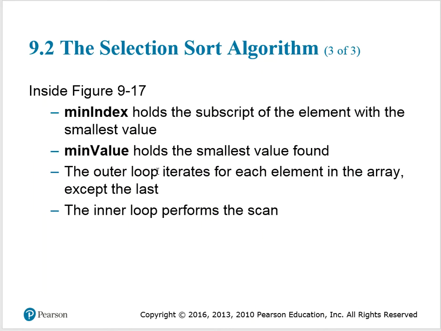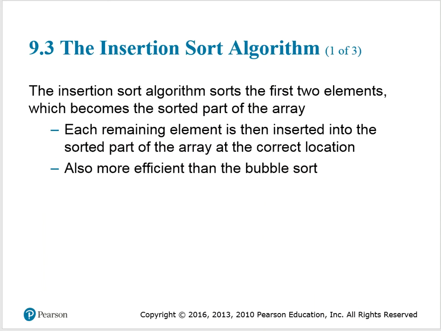The min index holds the subscript of the element with the smallest value, whereas in the previous example, I believe we used the max value. The outer loop iterates each element except the last, and the inner loop performs the scan.